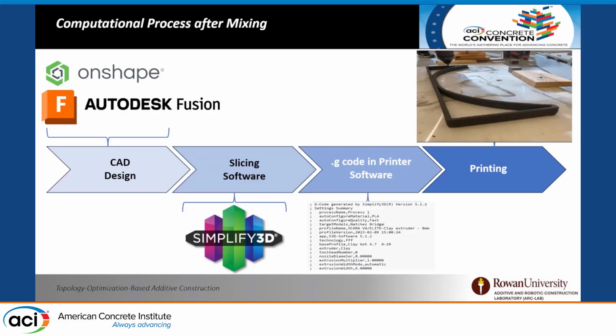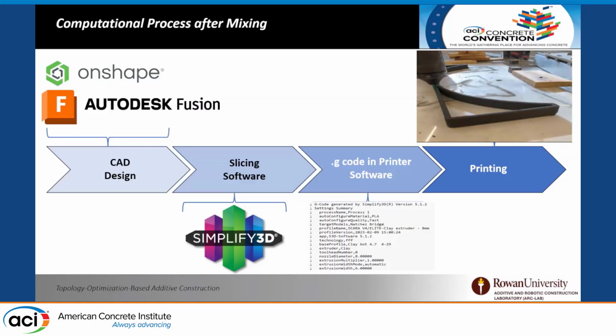So in starting the process, first we start with the CAD design, as I've shown you in the last couple slides. You can use Onshape or Fusion, and then you export the design into a slicing software. 3D Potter recommended to use Simplify3D, and we found that to be extremely useful. And then it can be exported into a G code, which will show you all the printing parameters.